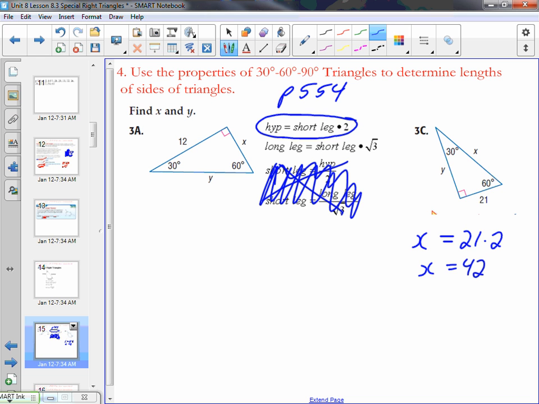So y is the variable that represents the length of the long leg, and I know it's the long leg because it's opposite the 60. I knew x was the hypotenuse because it was opposite the 90. So long leg equals short leg, which is 21 again, times the square root of 3. We'll just leave that one like that. So x equals 42, y equals 21 times the square root of 3.